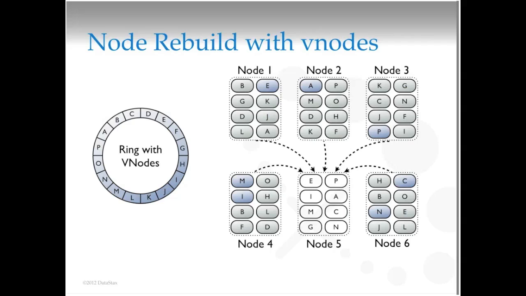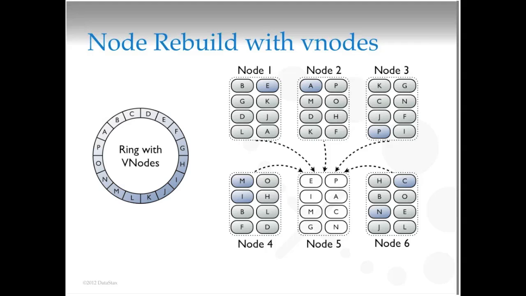When we parallelize this with virtual nodes, as you can see, even in this simple example of only 3 virtual nodes per machine, I'm already able to parallelize that rebuild across the entire cluster, because the ranges I'm binding to the different replicas are so much smaller and more fine-grained that everyone can participate. So that's the main idea of vnodes.